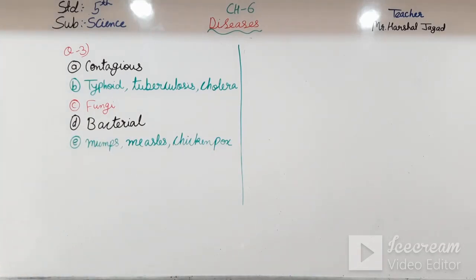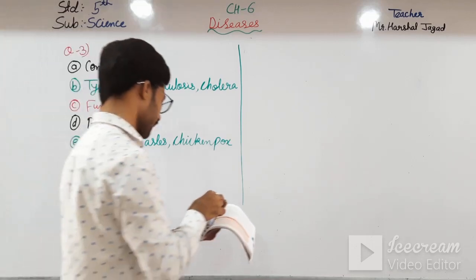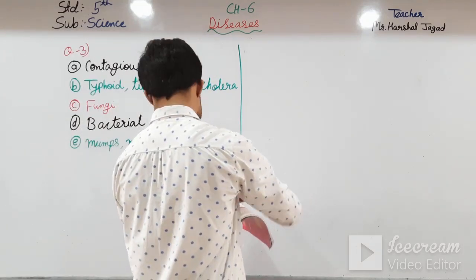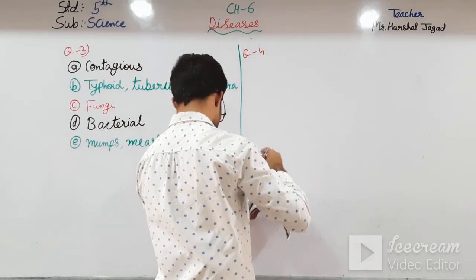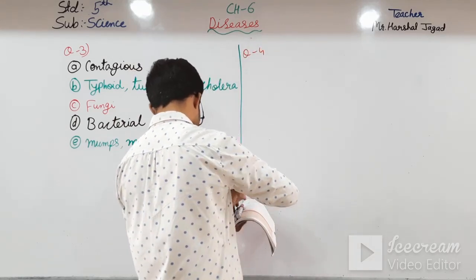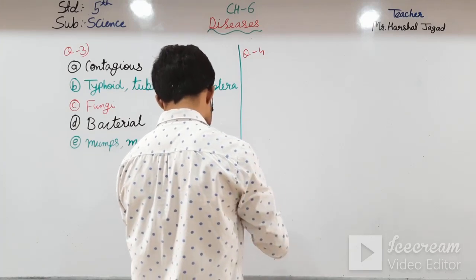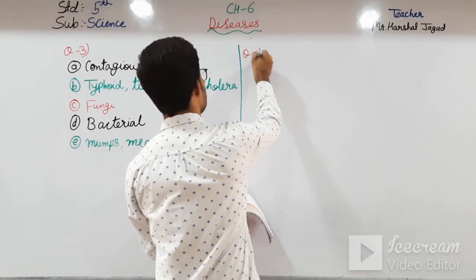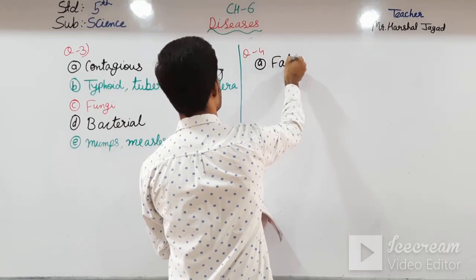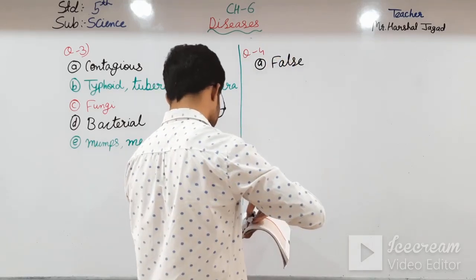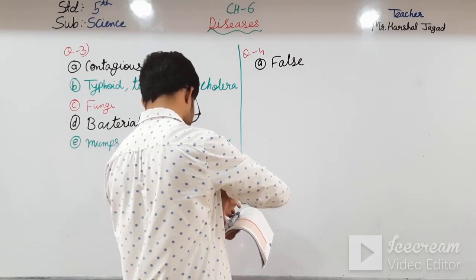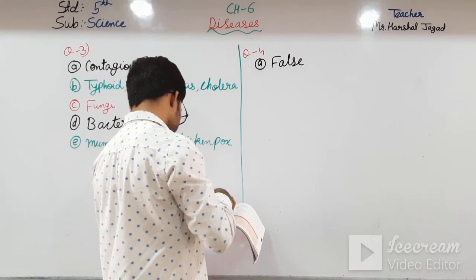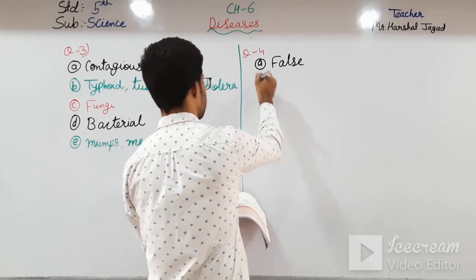Question number 4. All microbes are harmful to human beings. In that A, that is false. B. Mumps and measles are mostly childhood diseases.